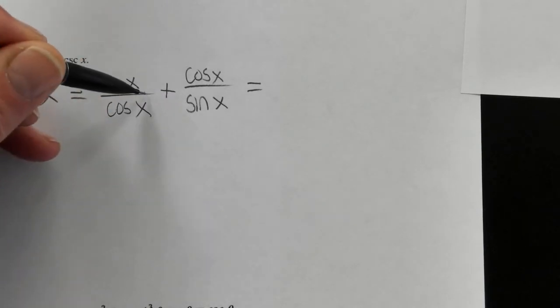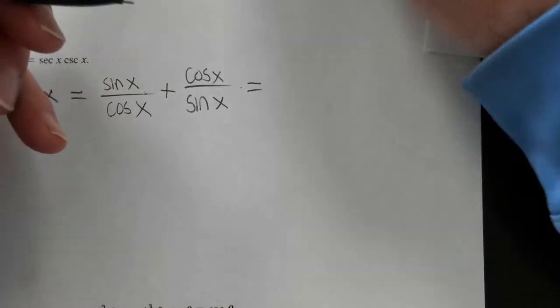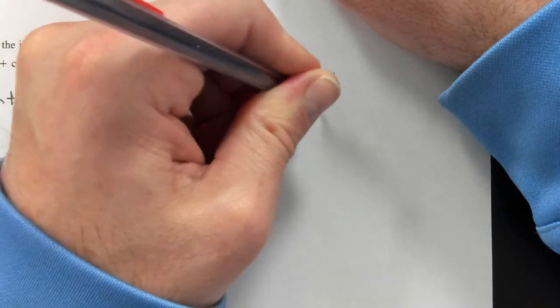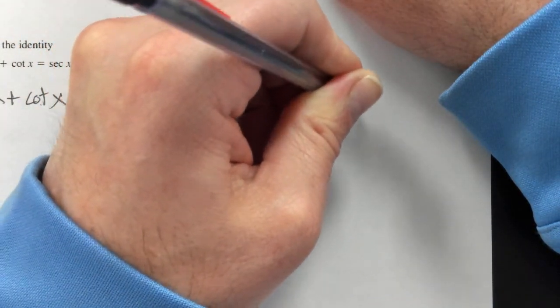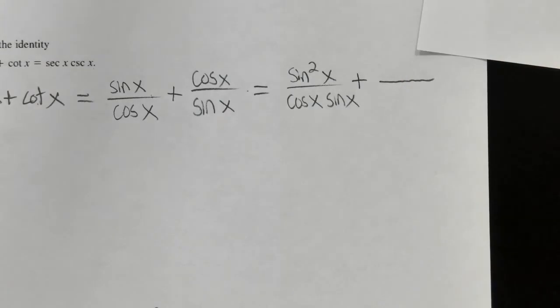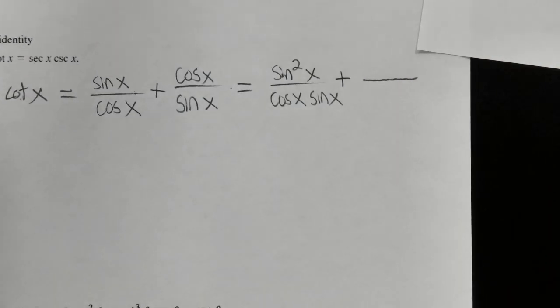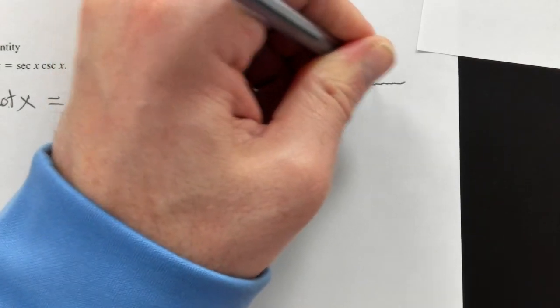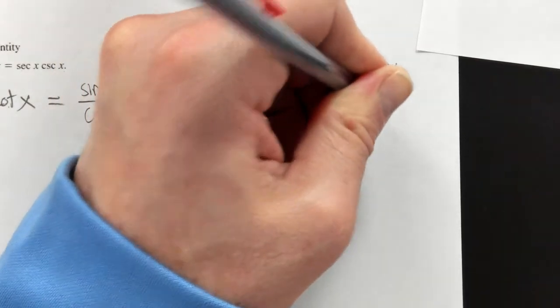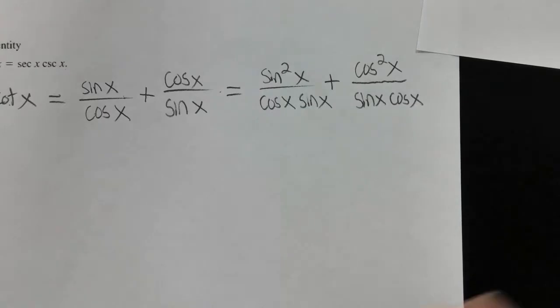I need to multiply this fraction by sine of x and this fraction by cosine of x. So we multiply this one by sine and get sine squared of x over cosine x times sine of x, plus, for this fraction, we multiply the top and the bottom by cosine, so that becomes cosine squared over sine of x times cosine of x.